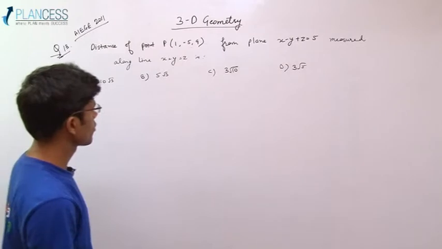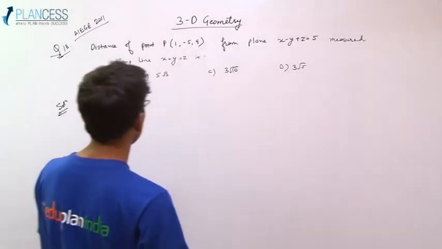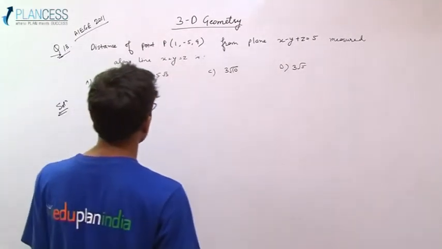So we have to find the distance of this point from this given plane, measured along this line.